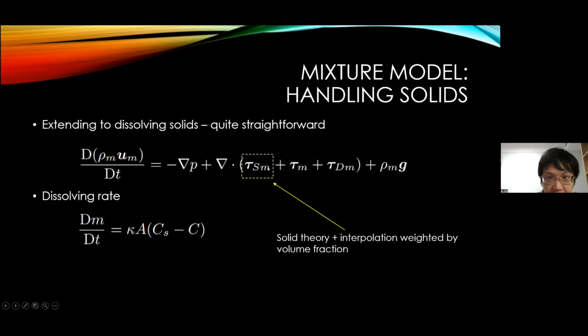And in solid theory, there's a similar term. So just combining them together will lead to a mixed model which can handle solids. And you can add a dissolving equation to determine when and how much a solid can turn into fluid phase.